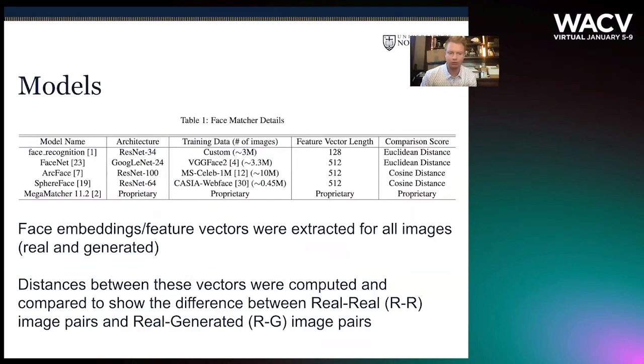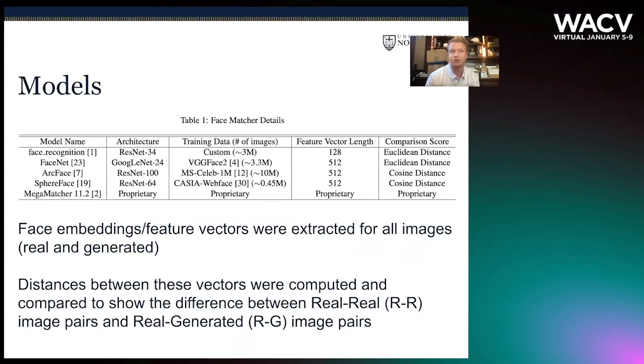To quantify the similarity or dissimilarity between these images of faces, we used 5 different models. You can see these in the face matcher details table. The first 4 are open source, whereas the last is a proprietary commercial face matcher. Once we have face embeddings or feature vectors extracted for all images, real and generated, we can start to compute distances between these vectors.